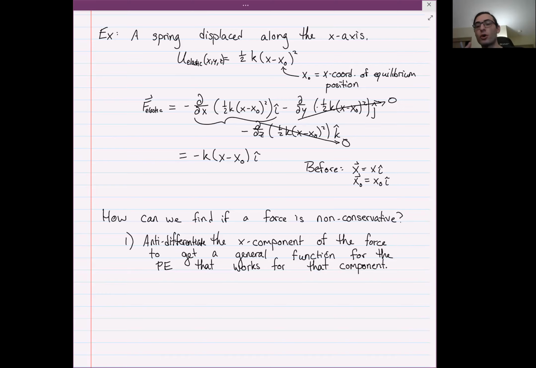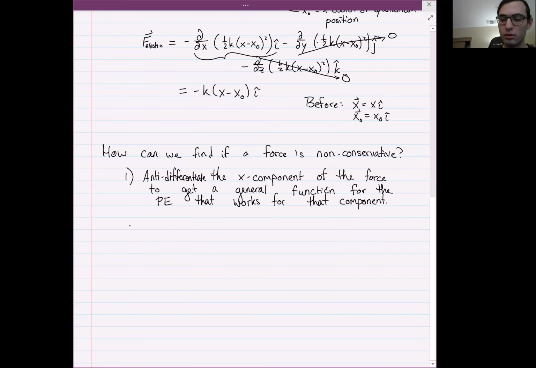So if you're given a force, just take the x component of that force and then integrate it with respect to x, and that should at least give a general picture of what that potential energy function should be if such a thing exists. You will always get an answer for the antiderivative, but sometimes that answer won't work for the other components of the force. And again, you'll see more how this works in a minute.